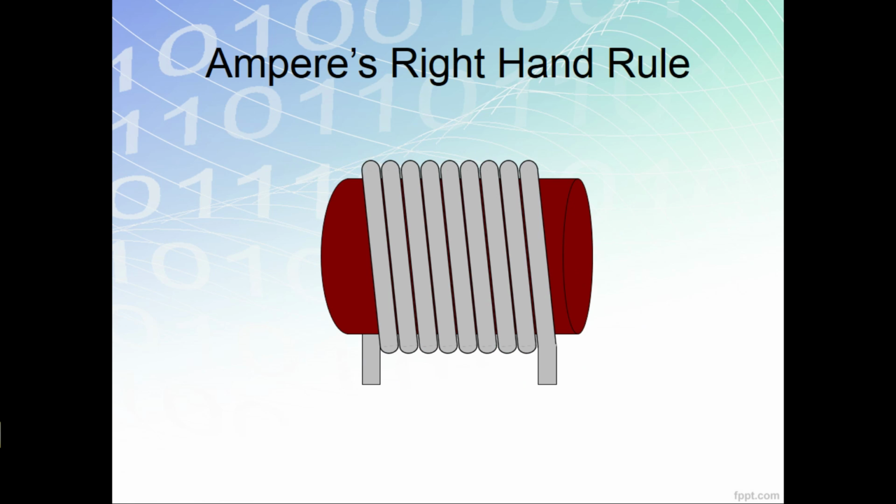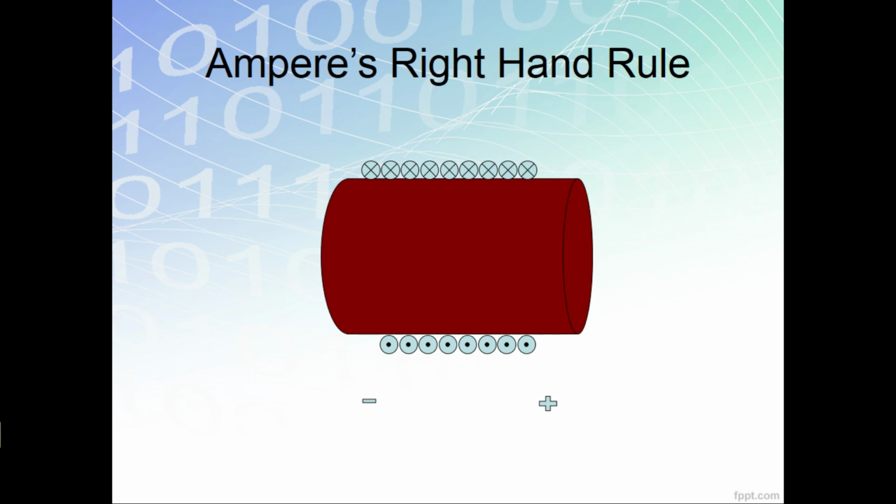Now, what would happen if we reverse the direction, wherein the negative terminal will be on the left side and the positive terminal will be on the right side? It is expected that the current will be reversed. And likewise, if we check the cross section, the dots and the X's will also be reversed.